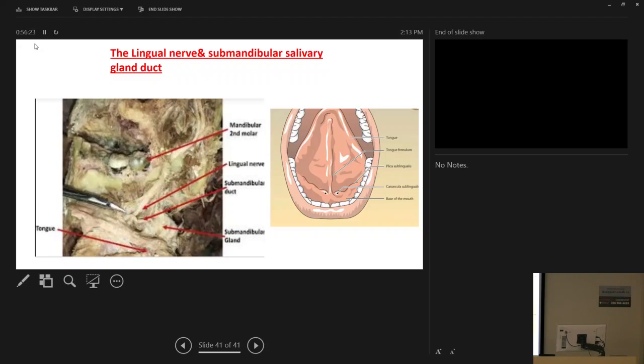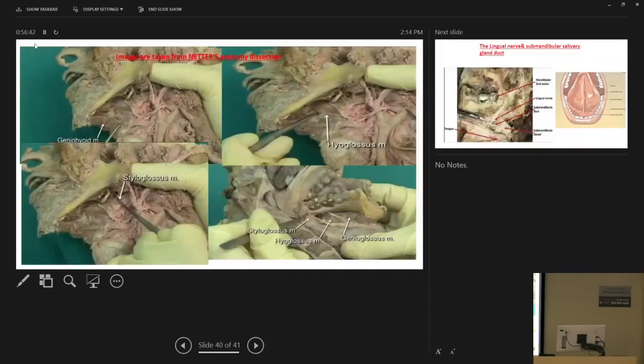I would like you just to make this incision here. And just try to remove the mucosa here in the floor of the mouth. When you remove it, you're gonna see this. I need you to see this.